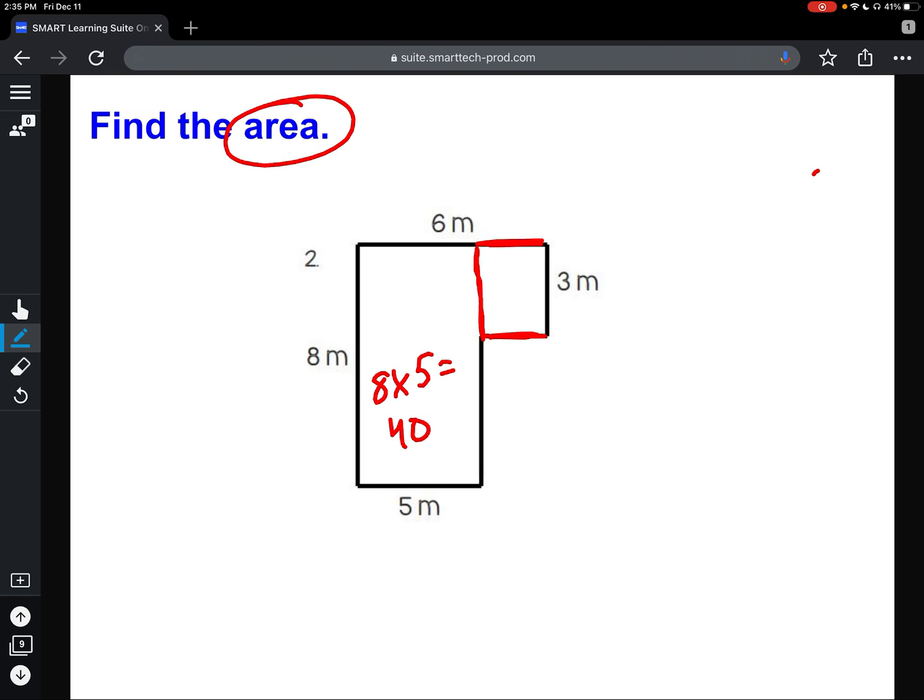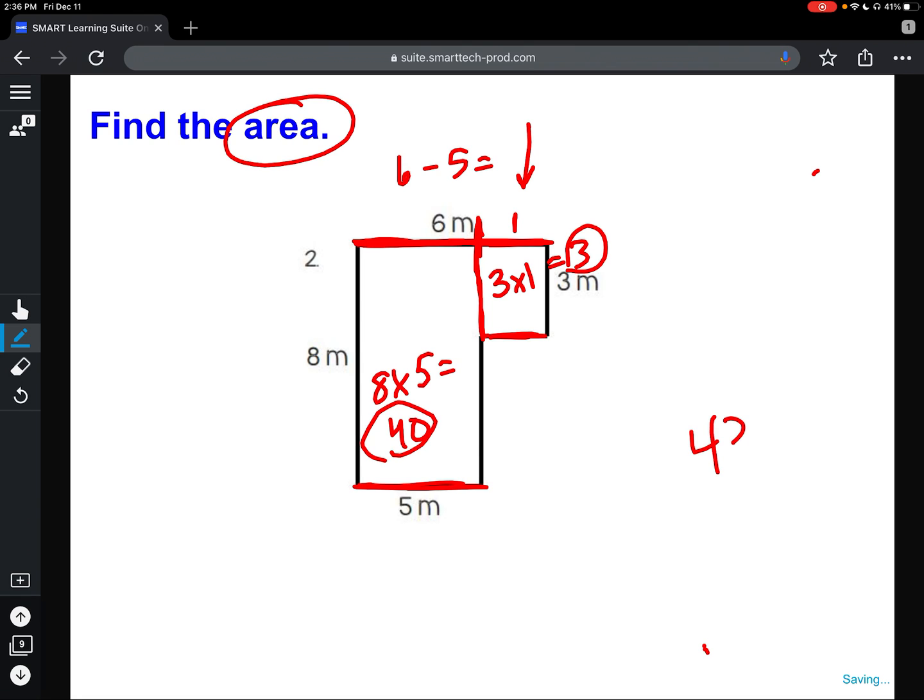There's a way for me to be able to solve though. I know that my whole length here, or width, is 6, and I know that this chunk, which stops right here, is 5. So that tells me that 6 minus 5 will give me that chunk right here, which is 1. So then inside I'd have 3 times 1 is 3. So your total area is 3 meters squared.